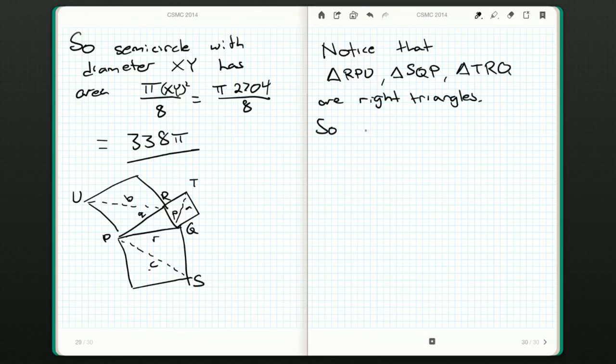And that means that A squared, which is TQ squared, let's write this a better way. TQ squared is going to be RQ squared plus RT squared. So A squared is equal to P squared plus RT squared.